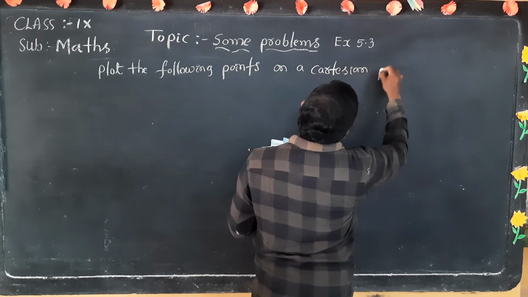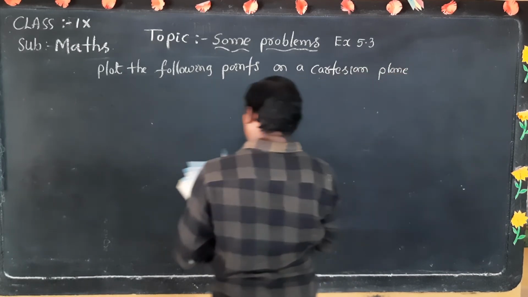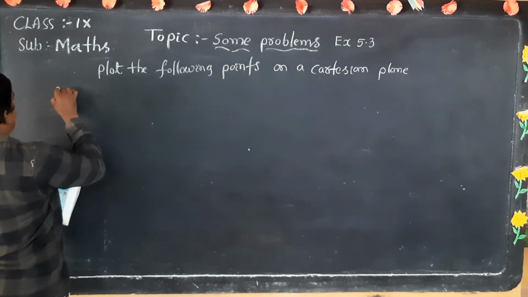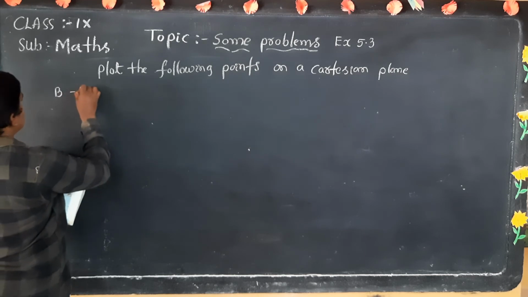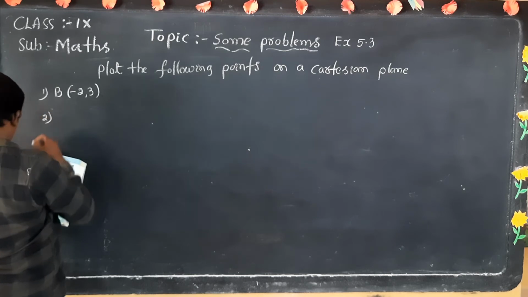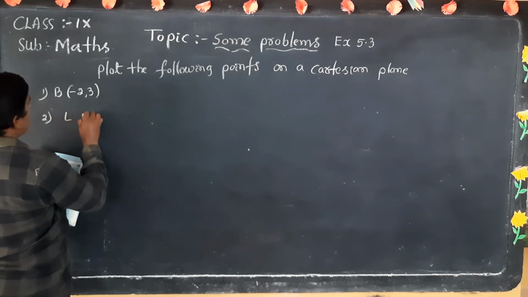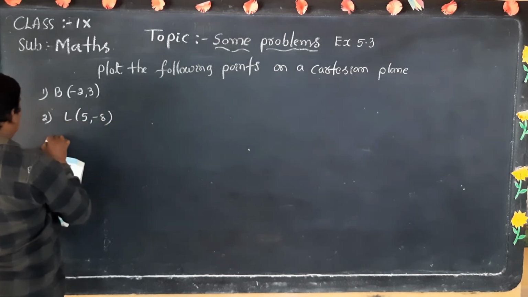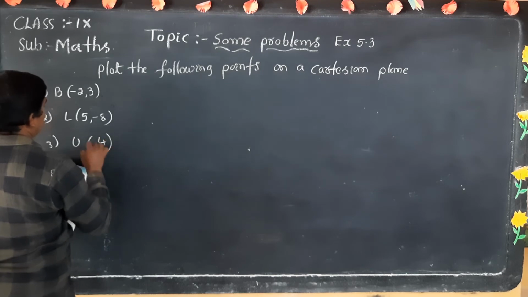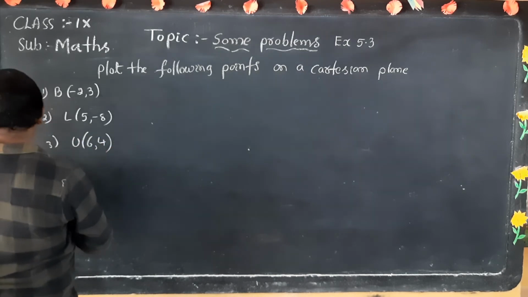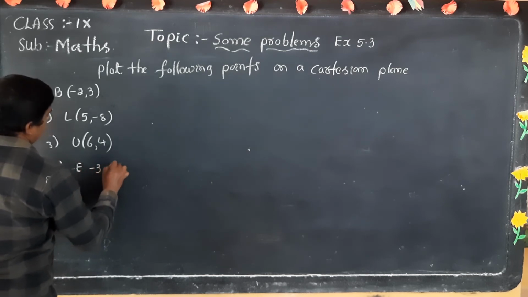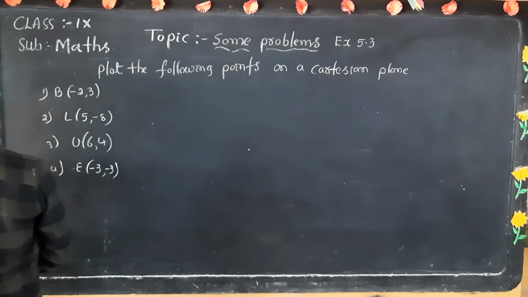B of (-2, 3), L of (5, -8), U of (6, 4), and E of (-3, -3).